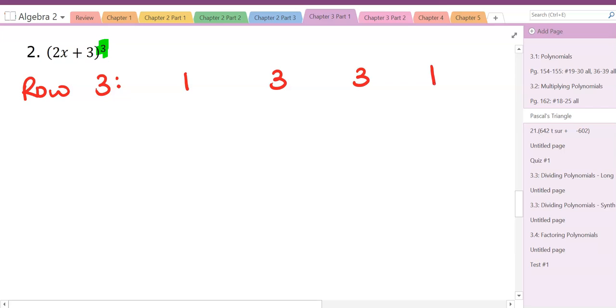Now my first term here, it's not just x, it's 2x. Okay, so I'm going to have to do the power of the 2x. And then the second piece is that 3, so I'm going to do power of 3.